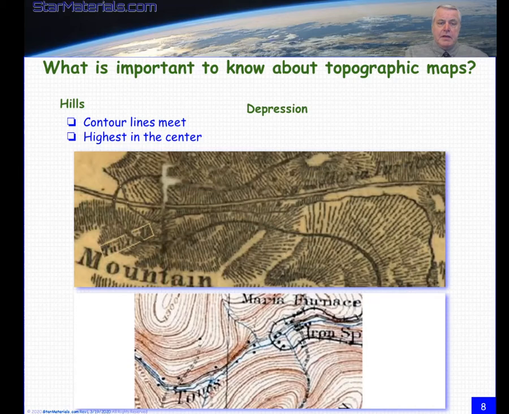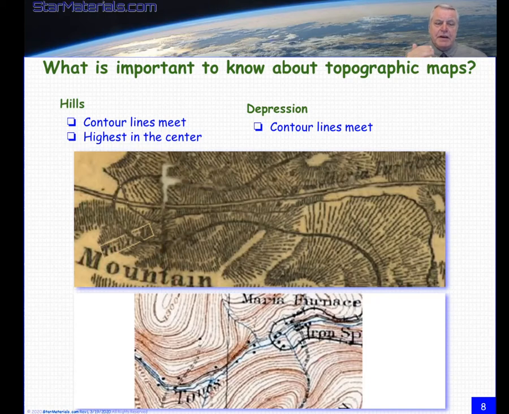Now, sometimes you go up a hill and then you go down. It's got a depression. The contour lines meet again. They go all the way around. But instead of going up the hill, you're actually going down. Think like a valley.